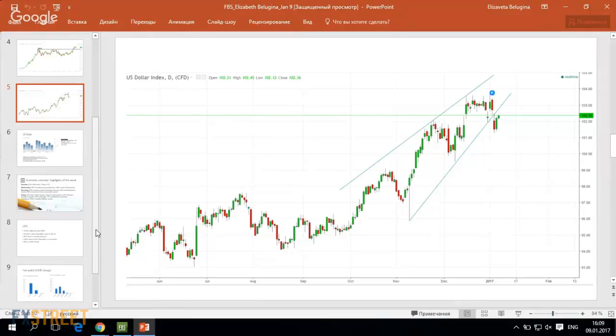Also, we will start our fundamental talk with the US data, as the US dollar plays a big role in practically all Forex measures. So it is quite logical to start with American economic data and the American economic background.